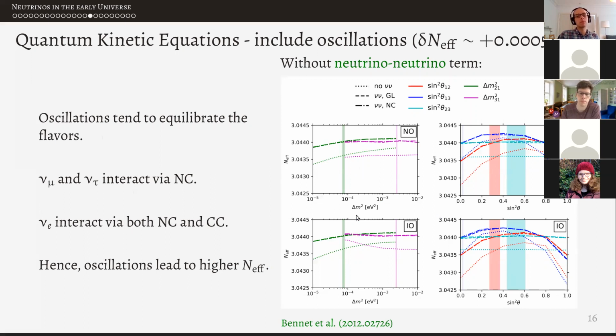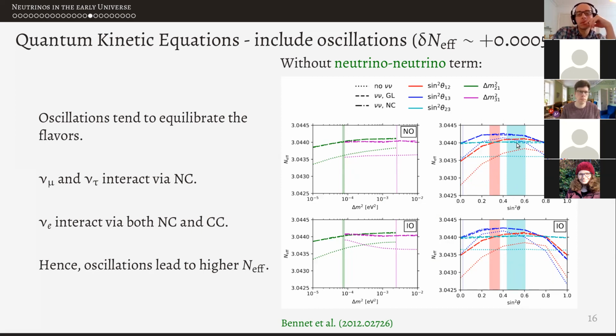So if one considers the variation of the mixing parameters, here we have the mass squared difference and the sine squared of theta, and on the y-axis, we have the value of N_eff. Let's focus on the mixing angle. You can see that the dark blue is theta 1,3, and that is measured very well in here.